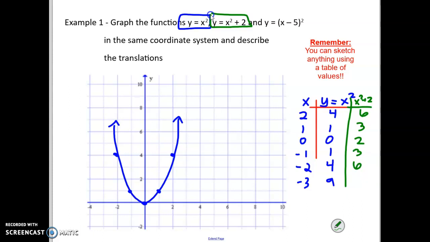So my new coordinate would have an x value of 2, but a y value of 6. 1 is at 3. 0 is at 2. -1 is at 3, and -2 is at 6.